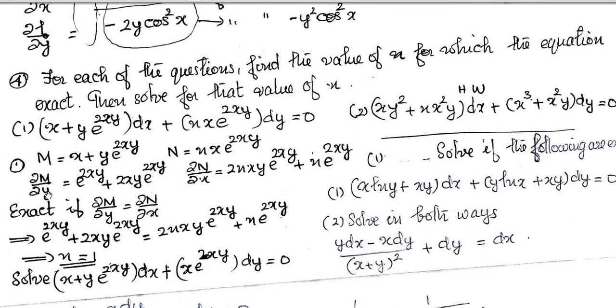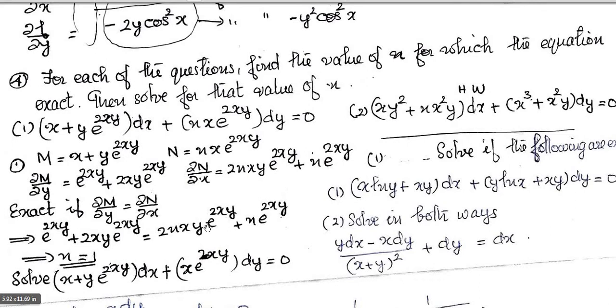So find ∂M/∂y. It is e^(2xy) plus y into 2x into y e^(2xy), and the derivative of x is 0. And ∂N/∂x is 2nx into y e^(2xy) plus, the product rule being applied, n into e^(2xy). Since it is given that the equation is exact, ∂M/∂y is equal to ∂N/∂x.